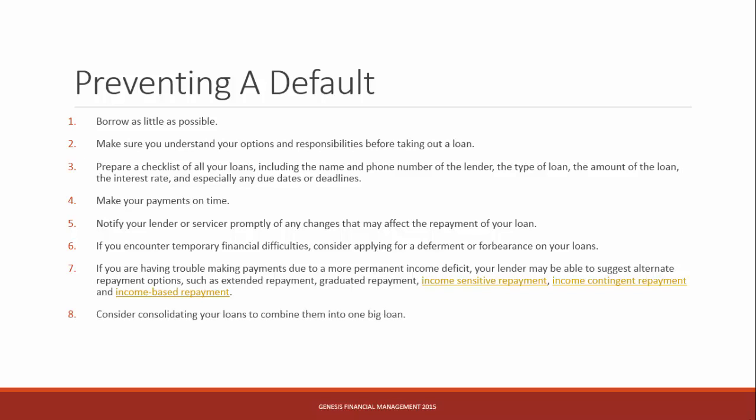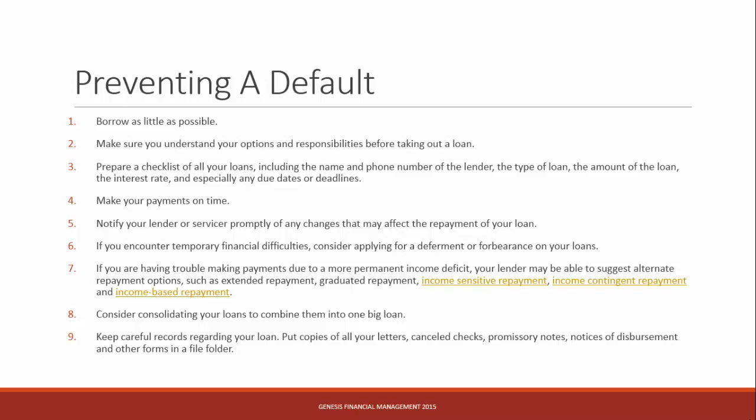Consider consolidating your loans to combine them into one big loan. Keep careful records regarding your loans. Put copies of all of your letters, canceled checks, promissory notes, notices of disbursement, and other forms in a file folder. If you have both federal and private education loans and can't afford to make the required payments on one, try to avoid defaulting on the federal loans.